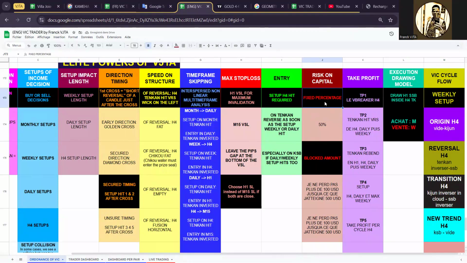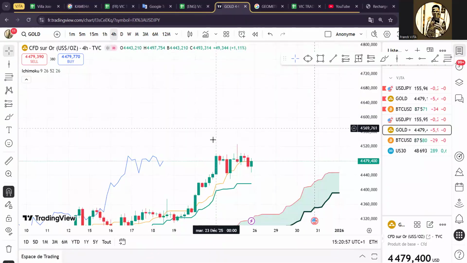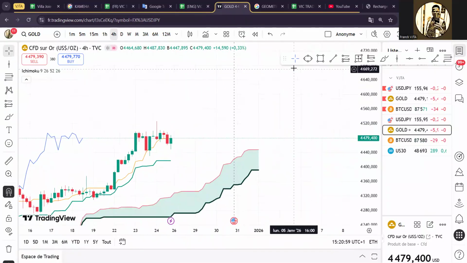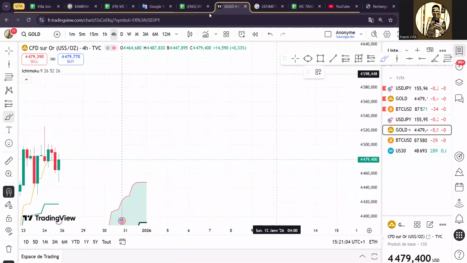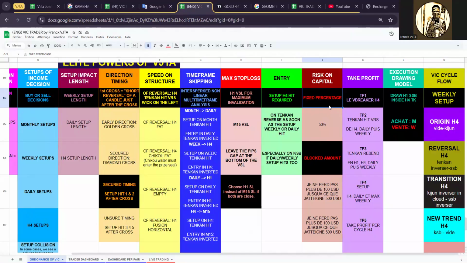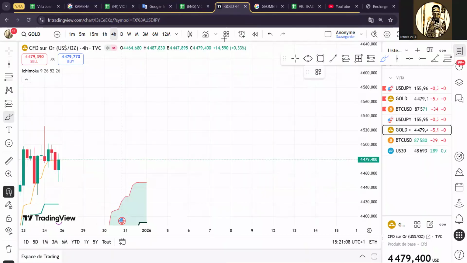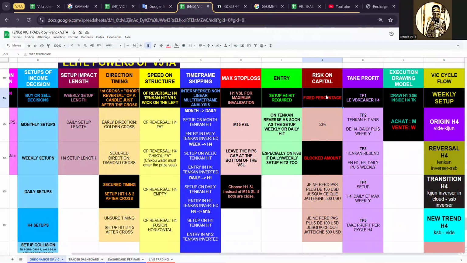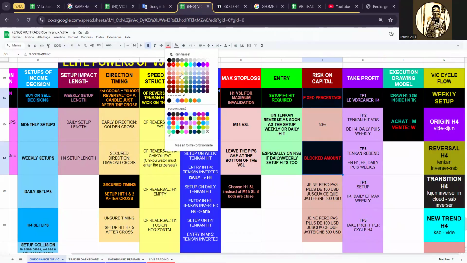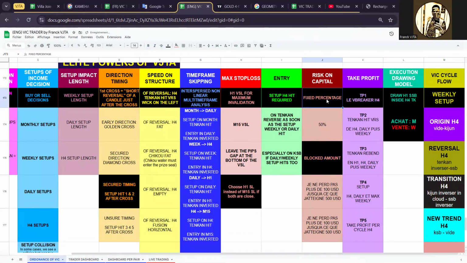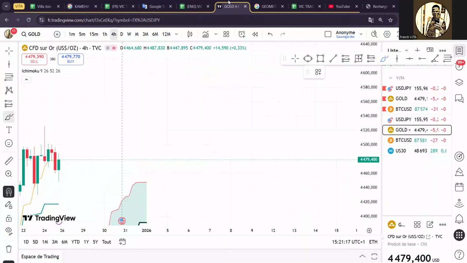Let us go on to risk on capital. Now you have two types of risk on capital. I realized that I did not talk about it in the French course. You have the fixed percentage risk on capital.